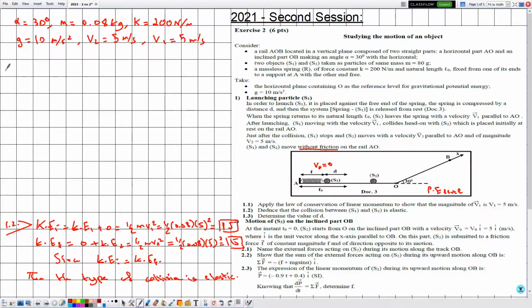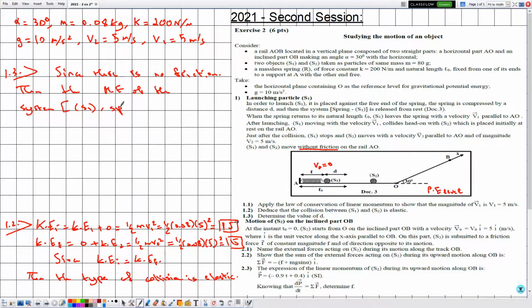Then in 1.3, let me say, since there is no friction, then the mechanical energy of the system, and here we need to specify the system we are working with, which is given by S1 and the spring.